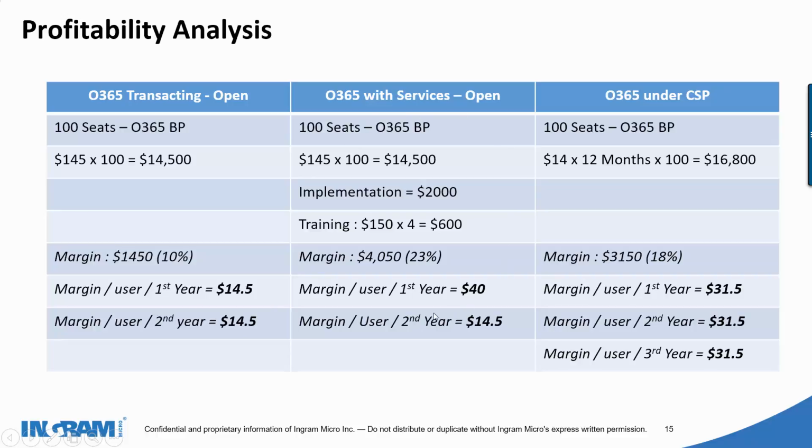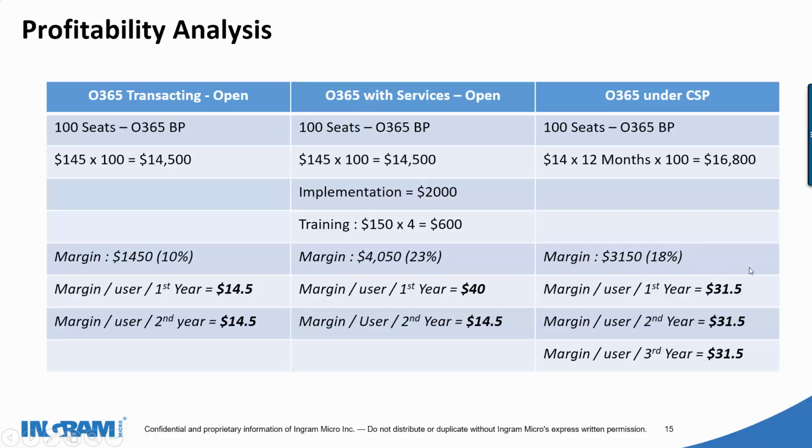Let's look at the same transaction with some services. If you attach two services, your profitability jumps up to 23%. Your first year margin per user is roughly around $40, and then again it drops because these services will not get repeated next year. But if you do the same thing under CSP, where you're charging the customer on a monthly basis for 12 months at $14, your margin per year gets to about 18% average.